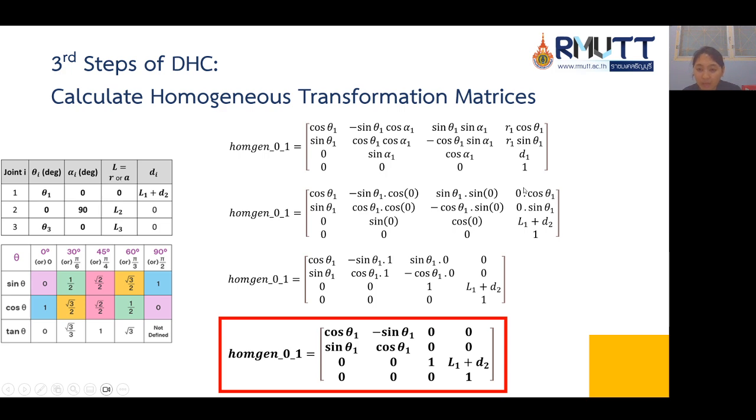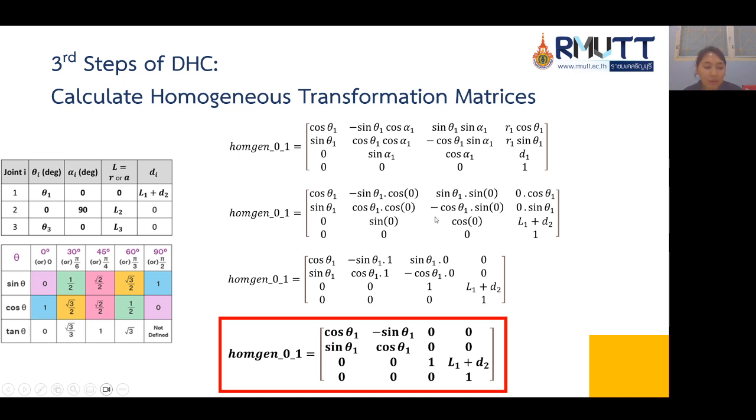And for the R, because there is no value, we fill it with 0. And for D1, the value is L1 plus D2, we can fill it in here.